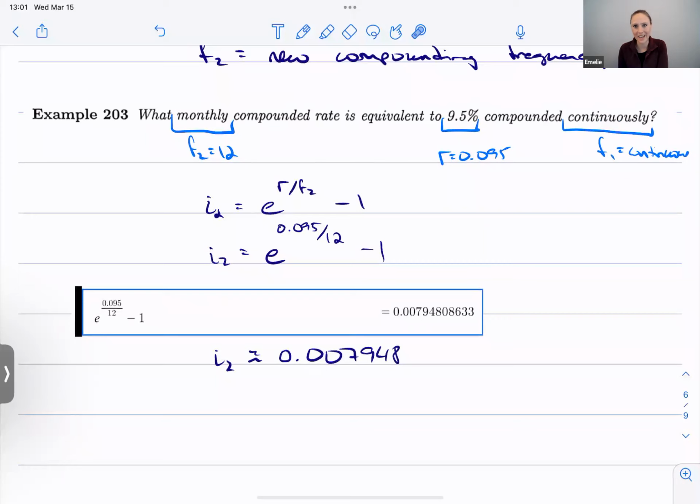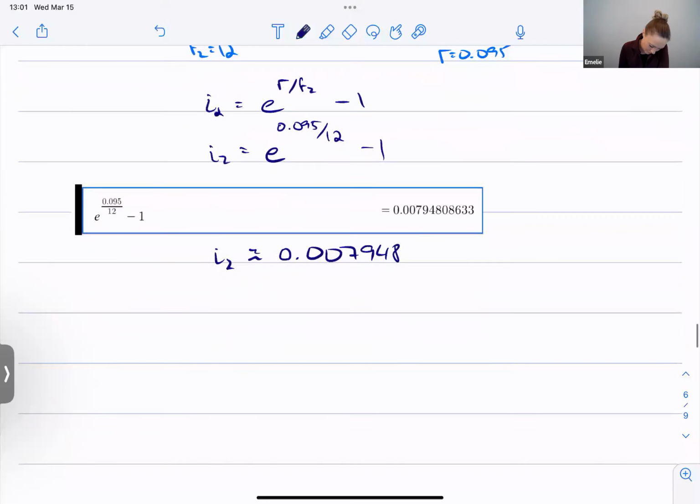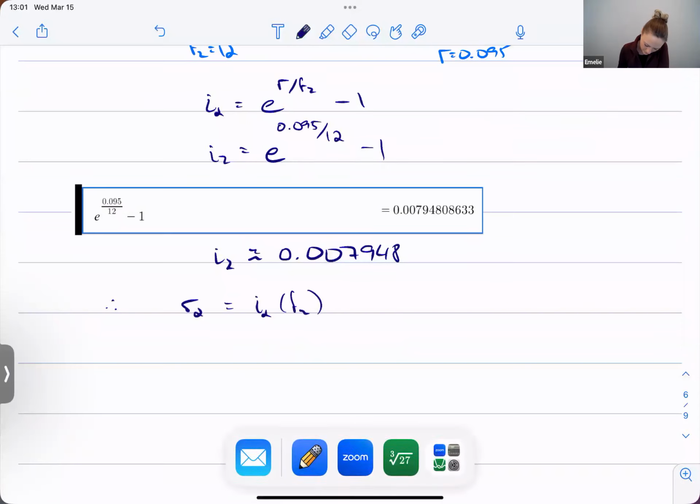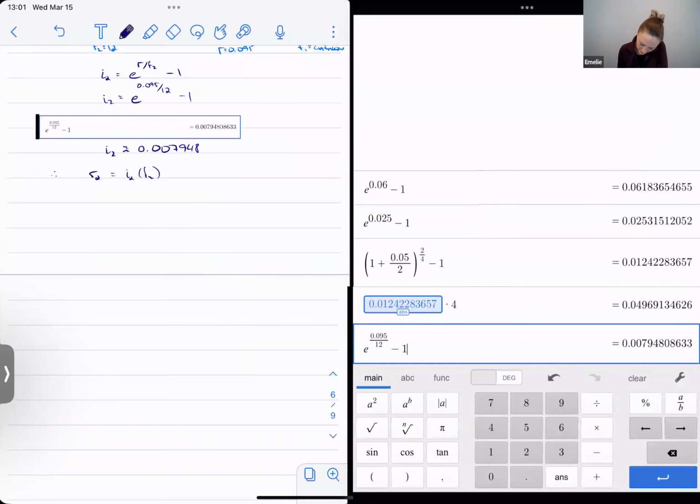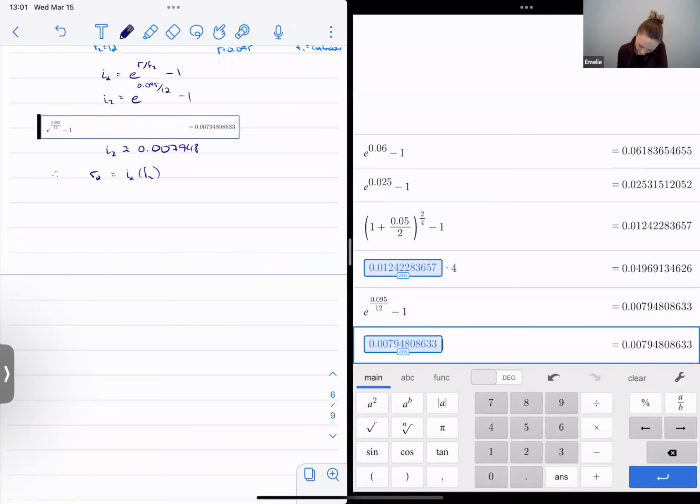And so again, I need to calculate R2, which is I2 times F2. So I need that one times 12.